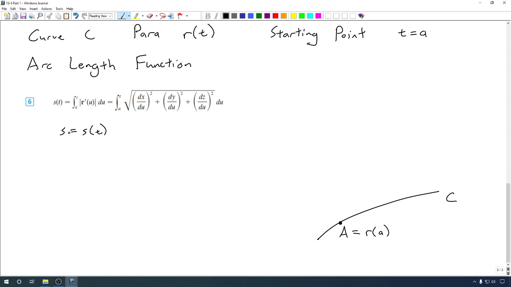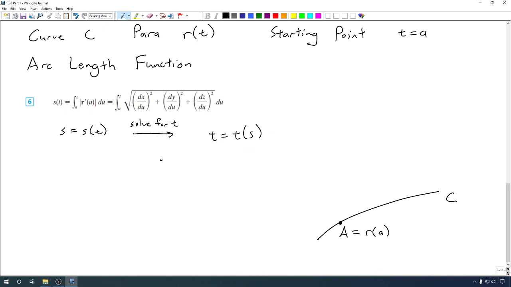In practice, what we'd be basically doing is finding the formula for this integral, making s equal to that formula in terms of t, and then we're going to take that formula and solve for t. So instead of s being a function of t, we're going to get t as a function of s.